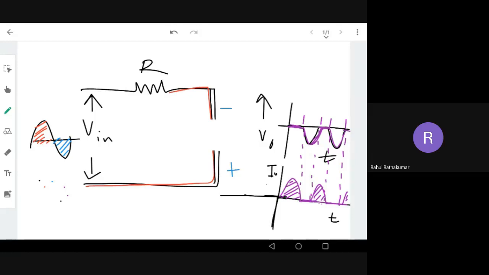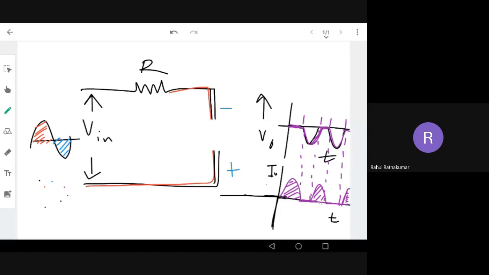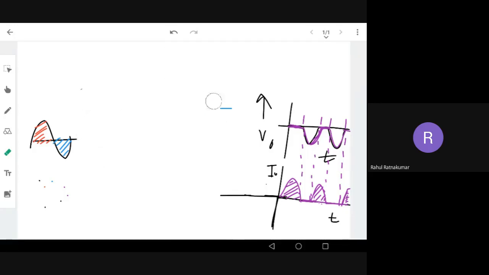Now, how to draw the I out versus V in, right? It'll be something like this. I'll rub this diagram. Now the waveform will be like this.